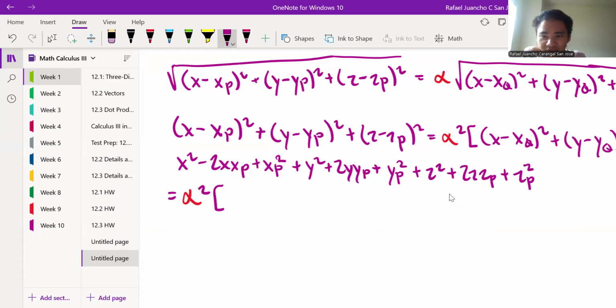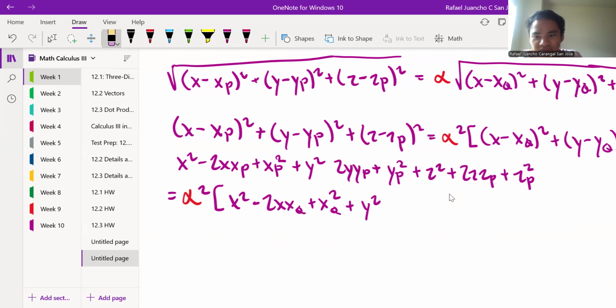And here we have the same idea: X squared minus 2X XQ plus XQ squared. Oh, I just realized this is a subtraction. And then Y squared minus 2Y YQ plus YQ squared.